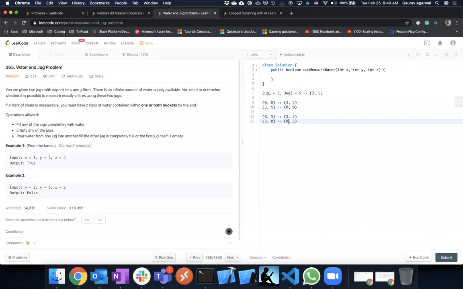Or something like 2 1? If given 3 and 0, you cannot directly reach 2 1, because you cannot measure the water in the jugs. Let's say the state is 3 0. To put exactly 1 liter of water in the second jug, you would need some marking on the jugs saying you are now at the 1 liter mark, so you should stop pouring from the first jug to the second.